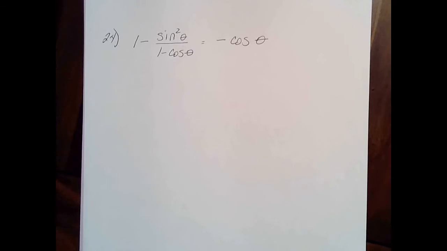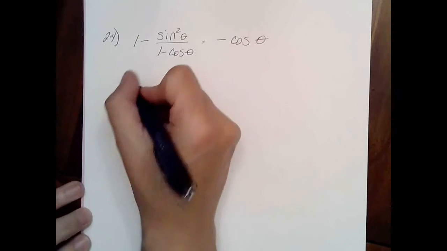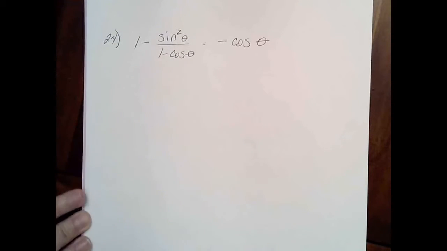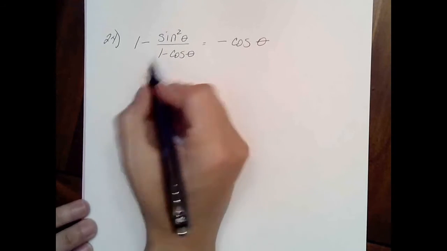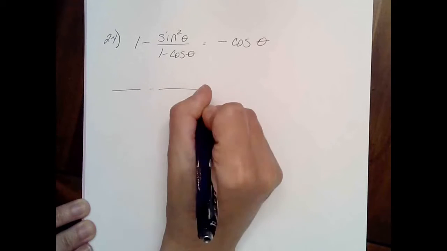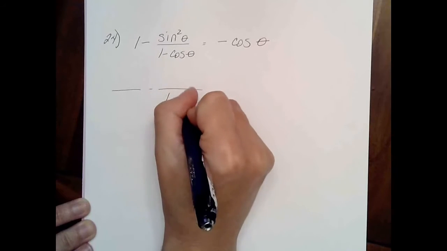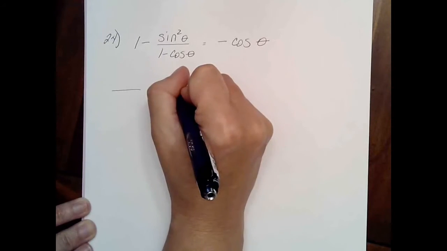Here we go. First thing, I look at this and I can't help myself, but I really want to get a common denominator. So let's do that. So my common denominator, 1 minus cosine theta. So this guy on the right stays the same.